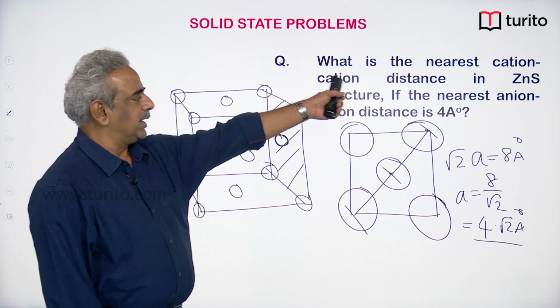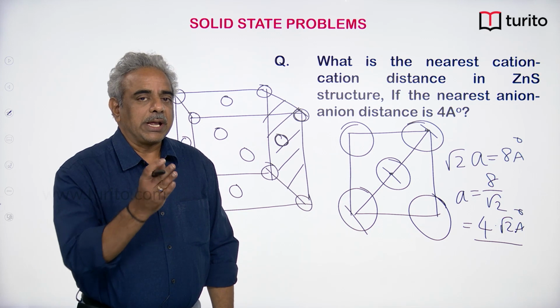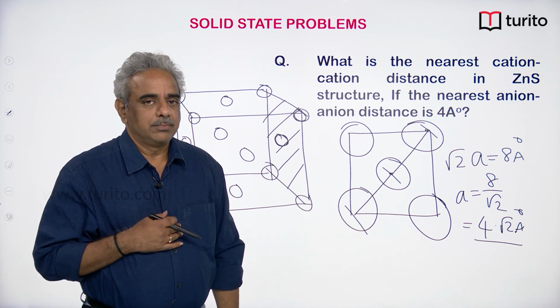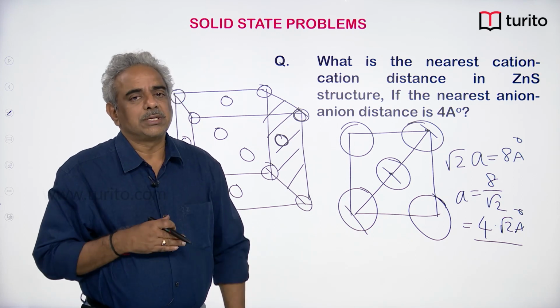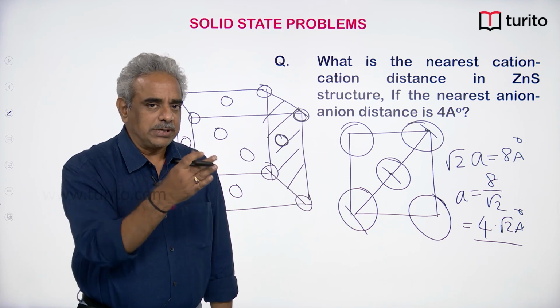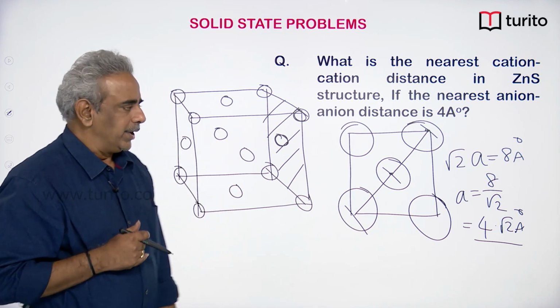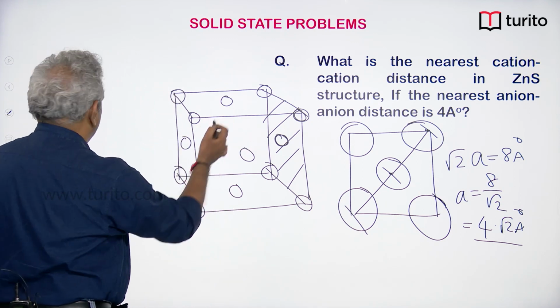Now, what is asked? Nearest cation distance. So, where are the cations present? Zinc ions, they are present in the alternate tetrahedral voids, means they will be inside the cube.